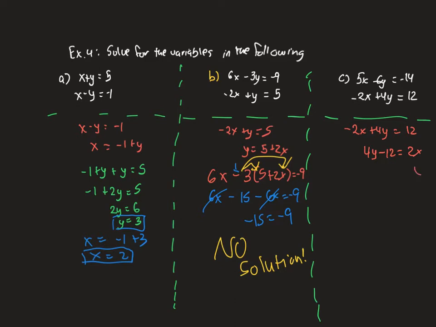Divide everything by 2, so x should be 2y minus 6. Okay, plug it into the other one. So 5 times (2y minus 6) minus 6y is equal to negative 14.